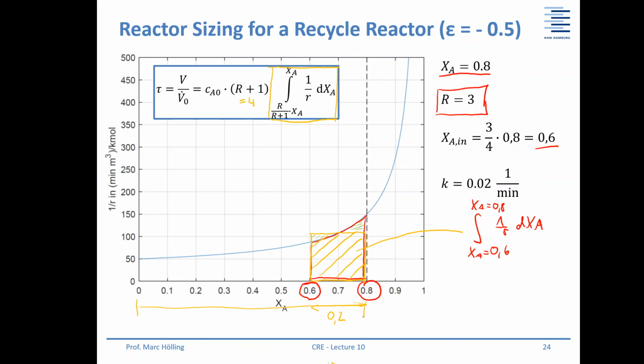If you want to know how big your recycle flow reactor should be, you just multiply your area by 4, by R plus 1.